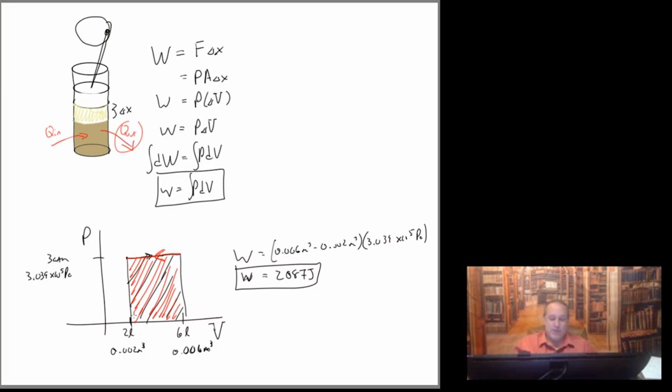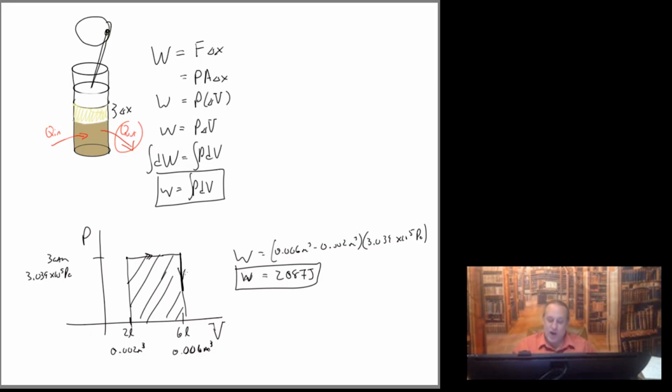If I put the heat in, it expands, it does 2,087 joules of work, and then I spend 2,087 joules of my own energy to crank it back to its original volume. That's not really very good. So that's not what we want to do. What we would like to do is crank it back, but at a lower pressure. So before I crank it back, I allow it to cool off.